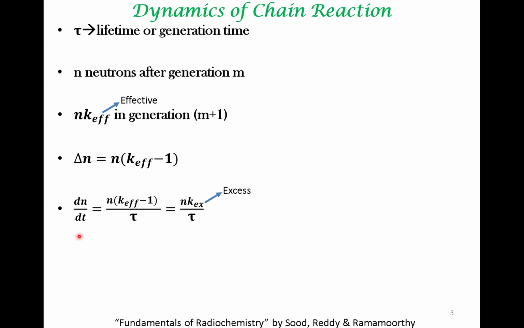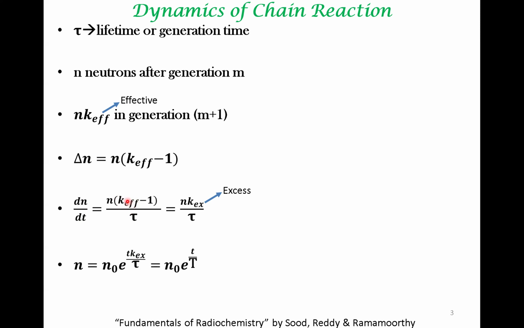So once you have this differential equation, this is the differential equation for figuring out how the number of neutrons changes with respect to time. If you integrate, you get a simple equation. But you should remember these factors are dependent on the configuration inside the nuclear reactor.